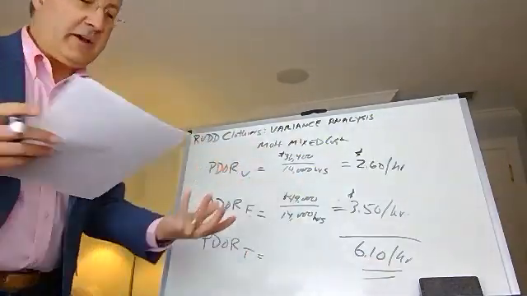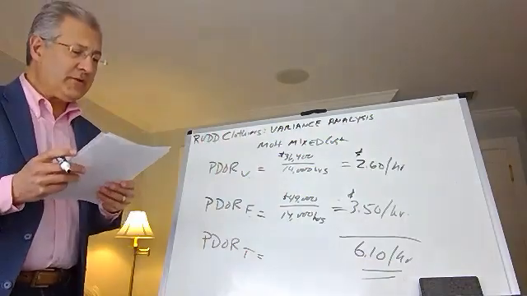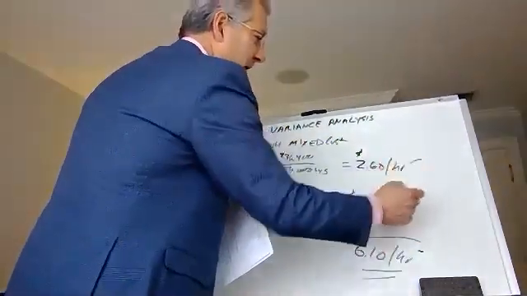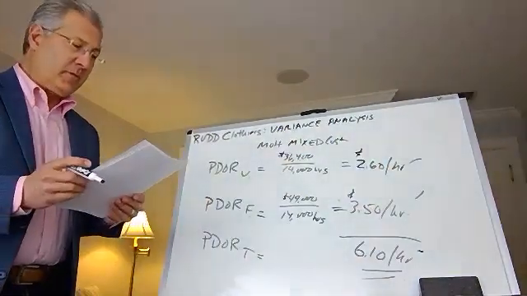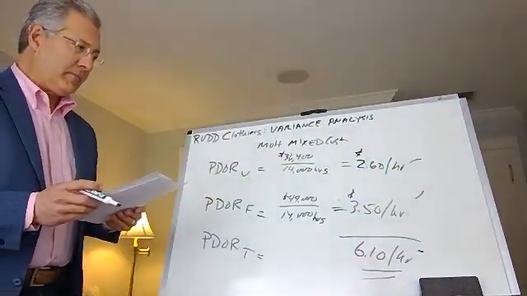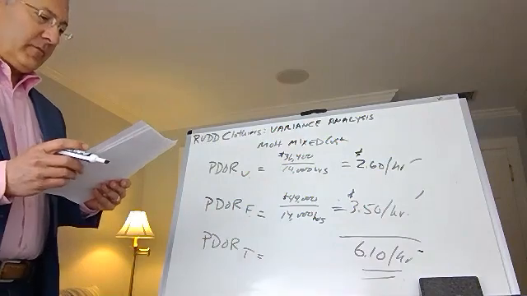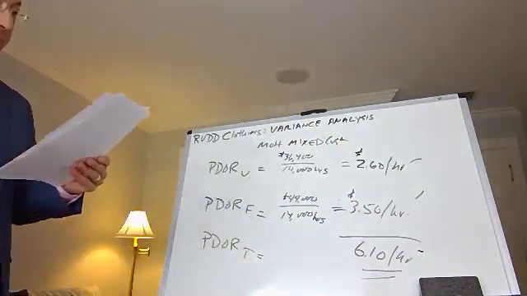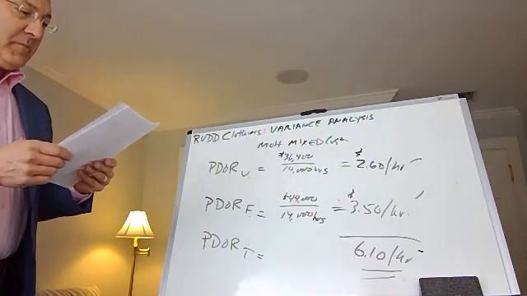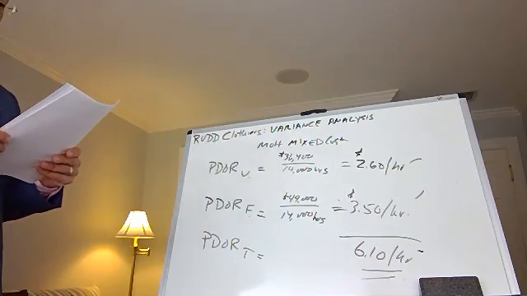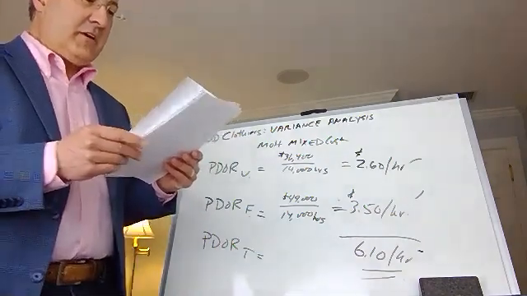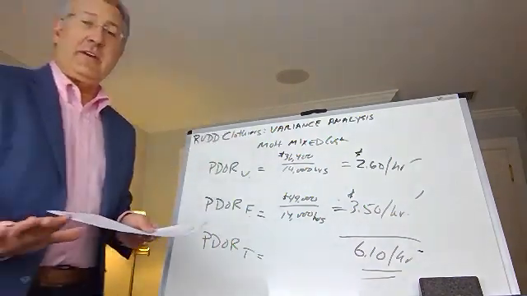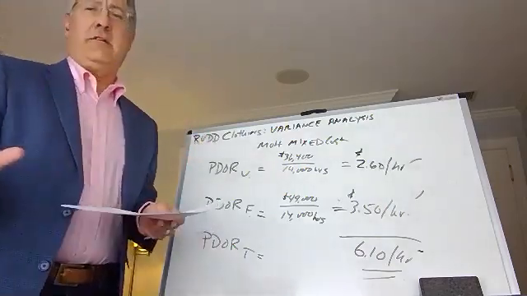They said the overhead, 1.2 hours at $6.10. What you did is you were able to break it out between the two. Those are the PDORs. Next item. It says C, prepare the standard cost card summarizing quantity and price for direct materials, direct labor, and manufacturing overhead. So I'm not going to cover that piece right now.